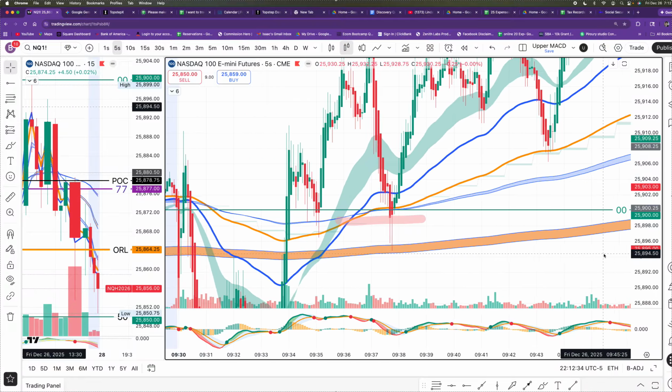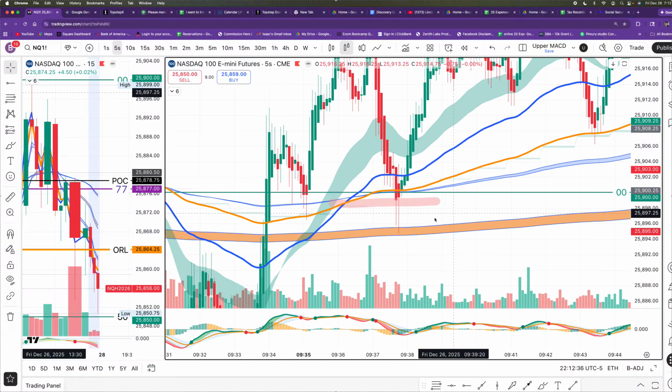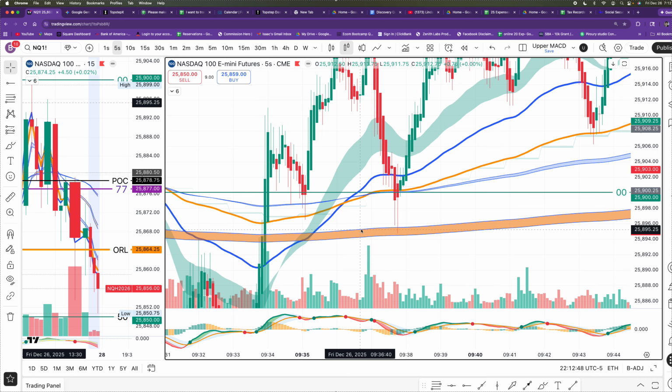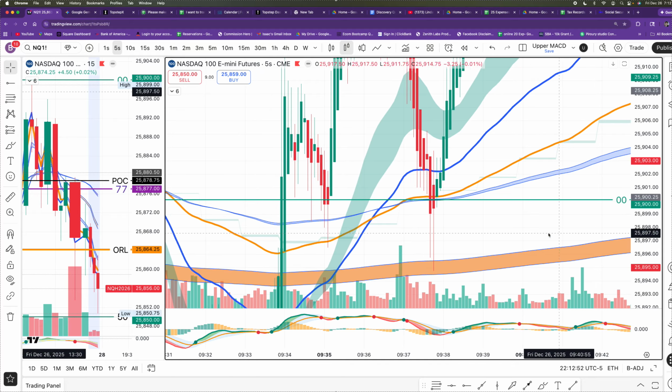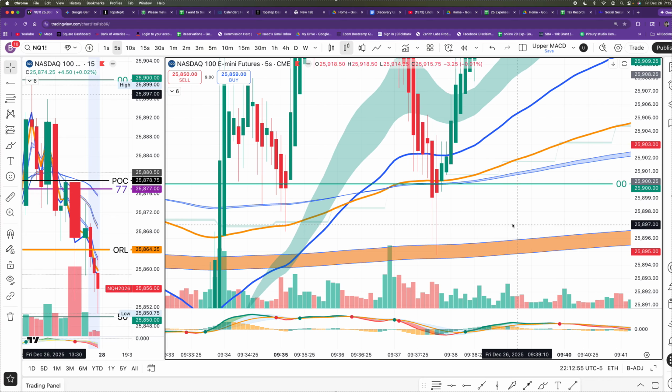By fast cross, I mean the cross of the blue line, the 1 minute 8.5, across the gold line, the 1 minute 20. As you can see, I put a little marker here to mark that fast cross. Oftentimes, a short time later, price will use this level as support or resistance.